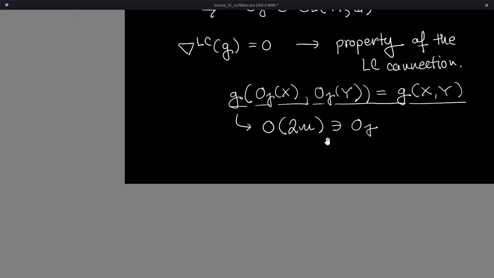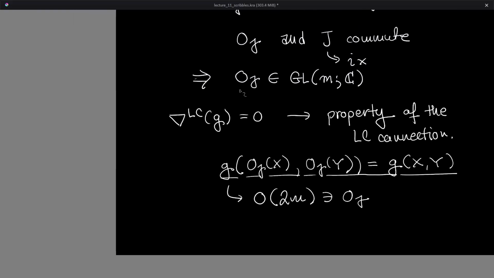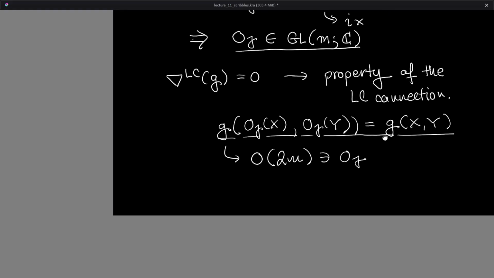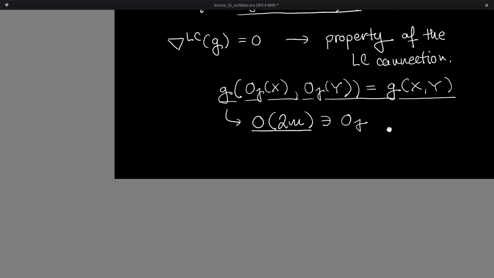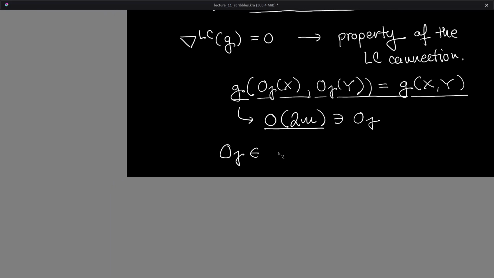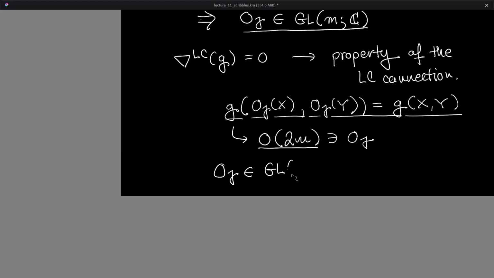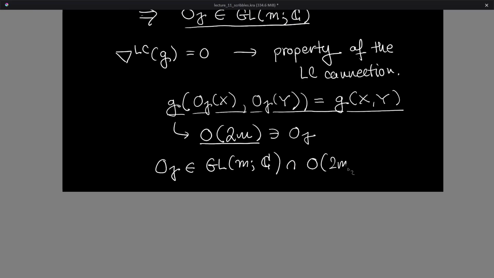If O of gamma has to be an element of the complex linear group and also the twice-dimensional real rotational group, then O of gamma has to be an element of GL(m, C) intersection O(2m). That's the only way this is possible: it must be in the intersection. And the intersection of these is precisely equal to U(m). And that completes the proof.